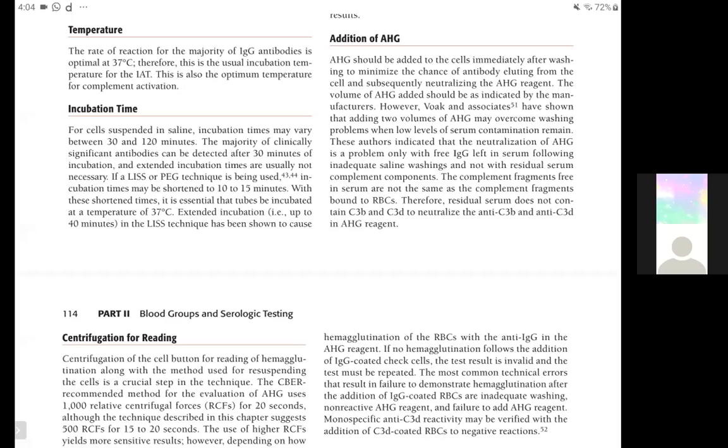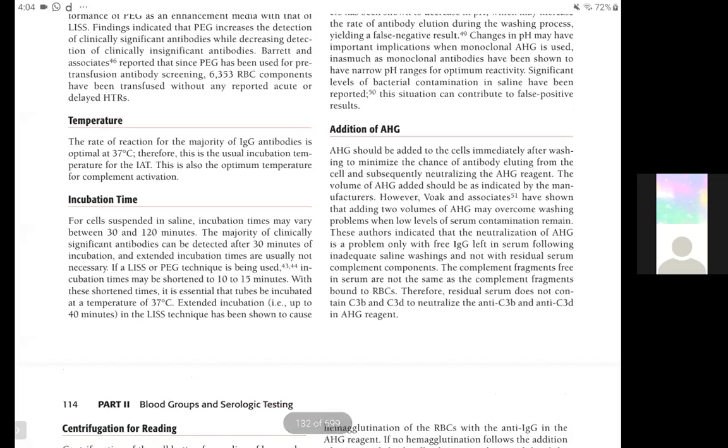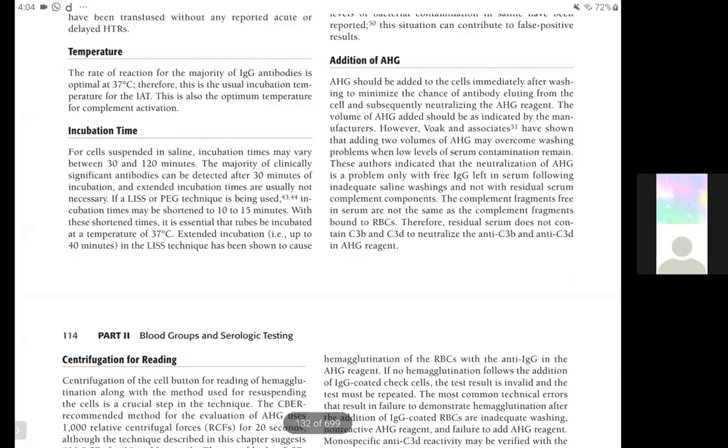So now regarding the AHG, we also need to be conscious about what the AHG reagent is, whether it's monoclonal or polyspecific, because a monoclonal would have a narrow pH range for optimum reactivity, whereas a polyspecific would of course be capable of reacting with both the IgG and the complement components.